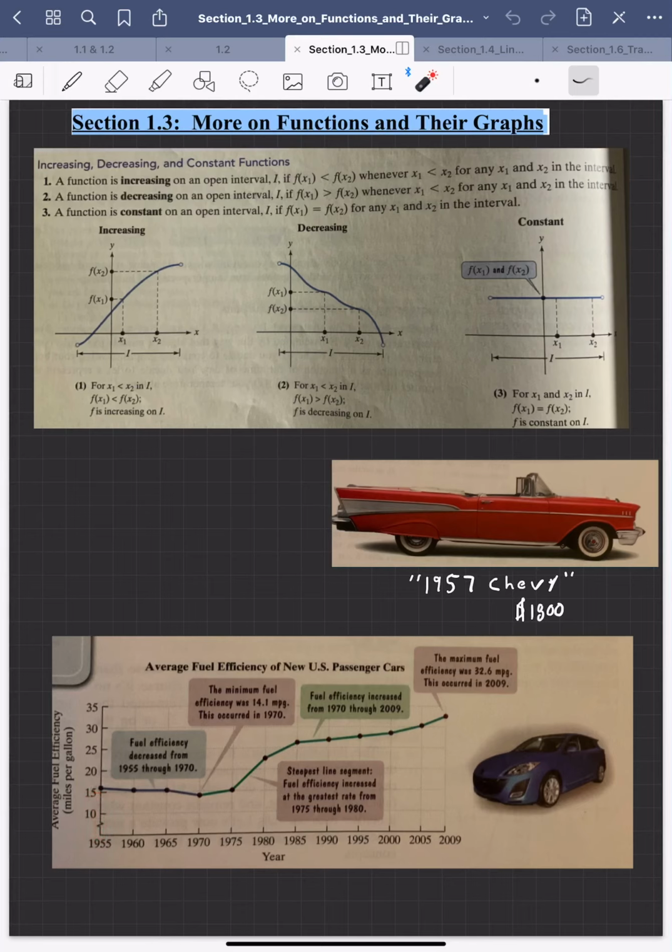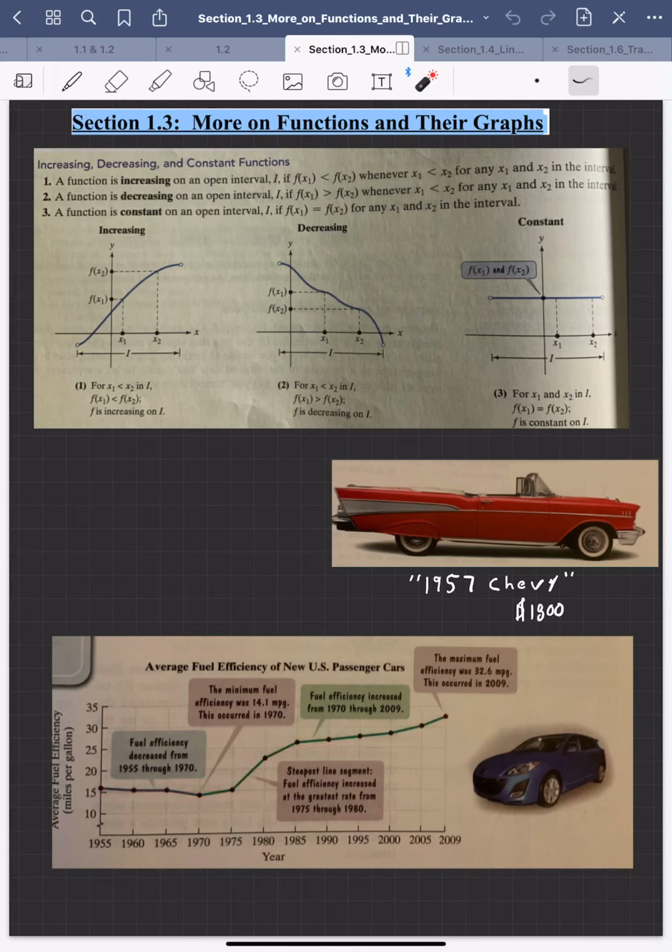And now this is not recent, but as of 2009, they're getting closer to 35 miles per gallon. The only point of this graph is to show you what you would expect, of course, that you would see decreases and increases over a time period.